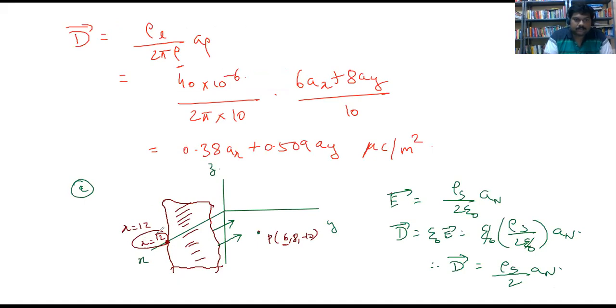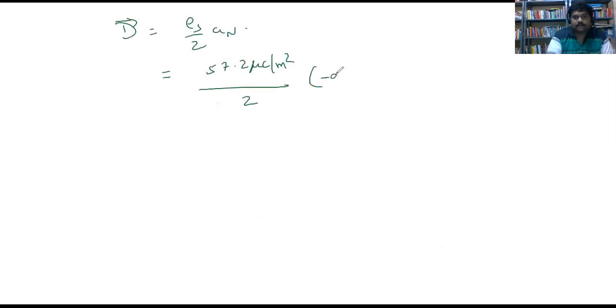The charges are present on this sheet, and because the point P is behind the sheet, the electric field goes in this way. So this is what direction? Minus AX direction. Correct? This is the negative X direction. So the AN becomes minus AX. Hence this equals minus 28.6 AX.